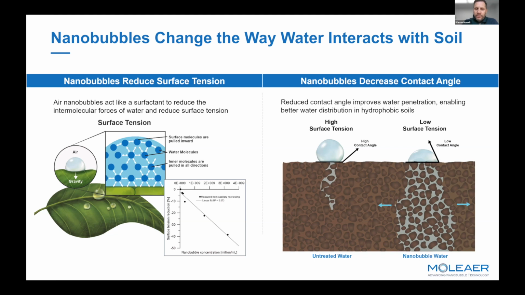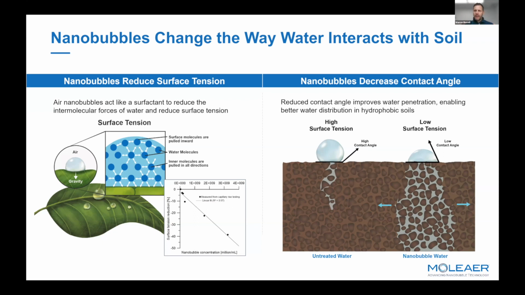You can certainly use things like a laser to refract off those dissolved particles in solution, but the effect on water and the way that it can change is something that's very easy to observe, certainly through a capillary action test. And what we know is that there's a direct correlation between the concentration of bubbles that we introduce into the solution and the consequent reduction in surface tension of that water.